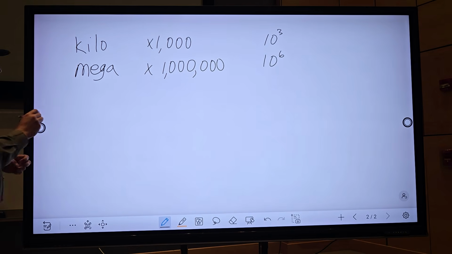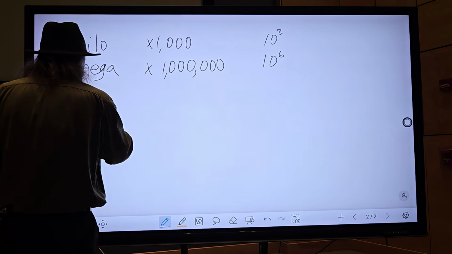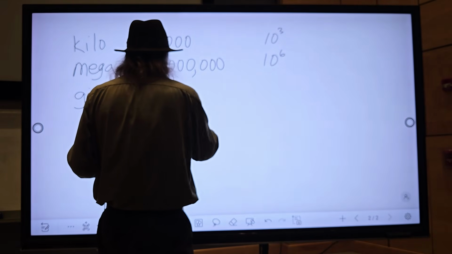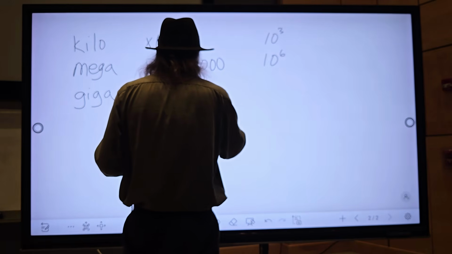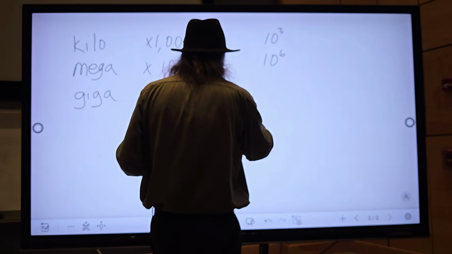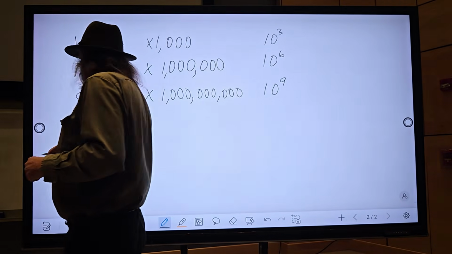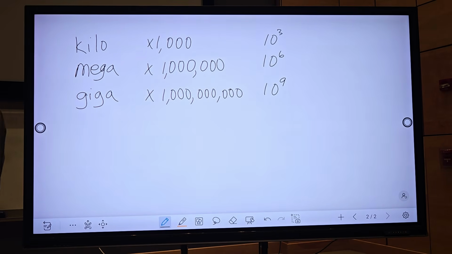Giga is times 1,000,000,000. It's 10 to the 9th. Let's see. Anybody ever see the Back to the Future movies? 1.21 gigawatts. He says jigawatts, but it's pronounced gigawatts.